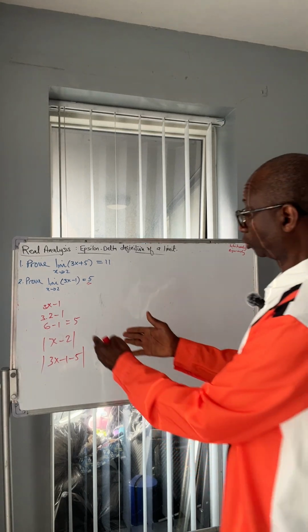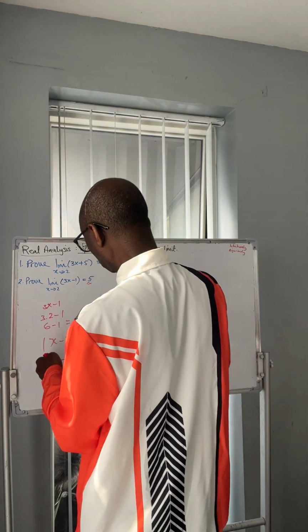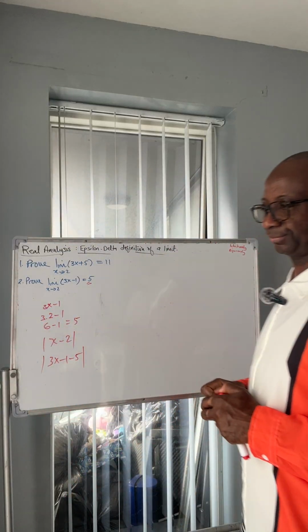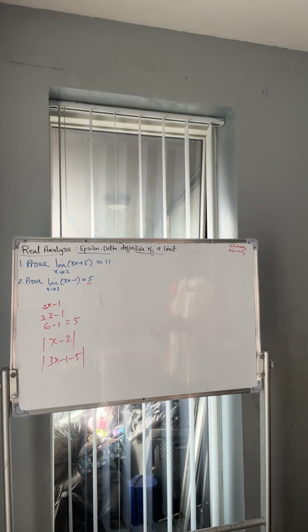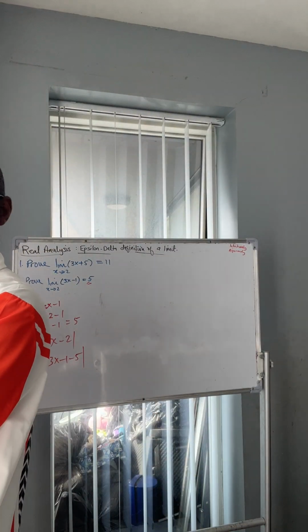No matter how small you make this, you can also make this as small as you want it to be. That is where the proof lies, and that is what we are going to prove.